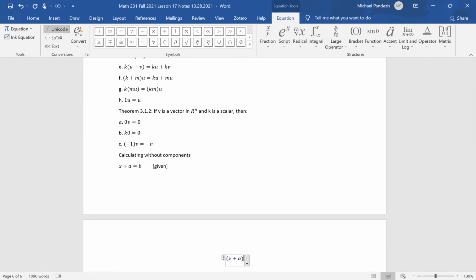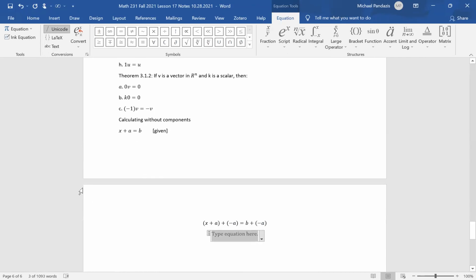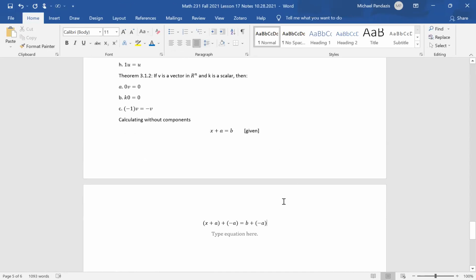So you can think of that as taking the vector x plus a and then adding to it negative a. And that would then equal b plus negative a. So I just added negative a on both sides. Okay, so x plus a equals b is given.